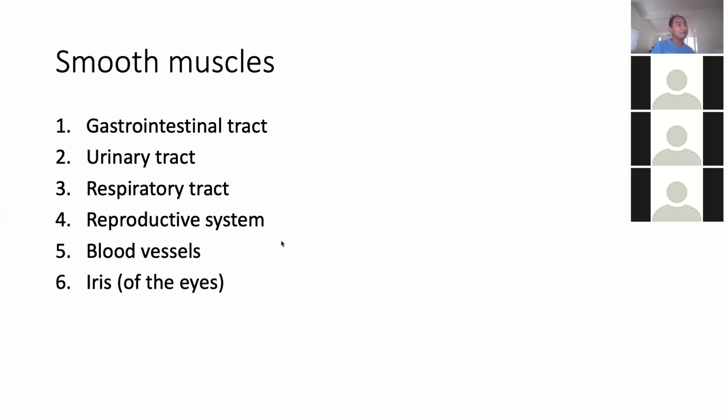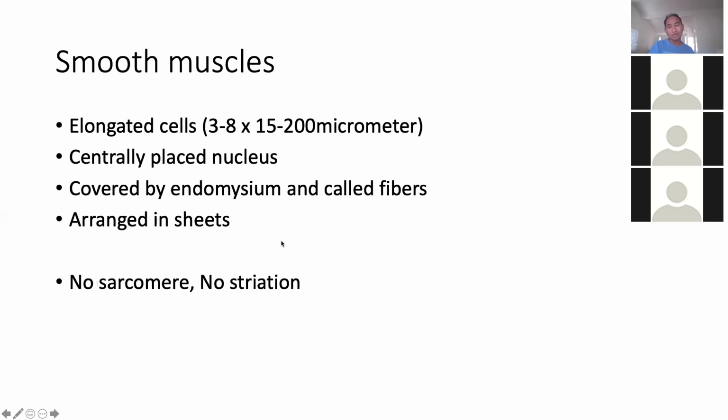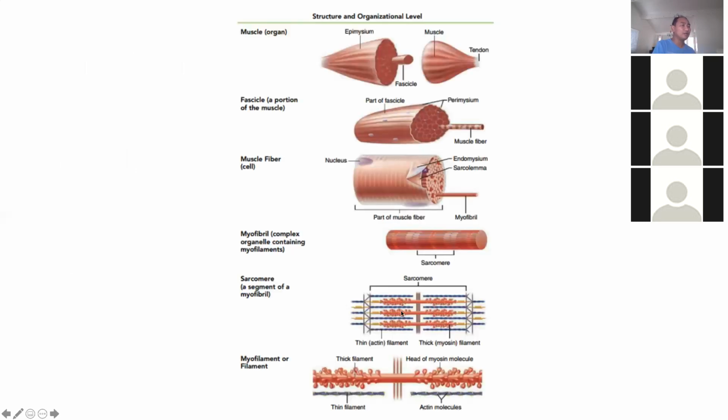And we need to know a little bit more about smooth muscle. Smooth muscles are elongated cells. When we talk about skeletal muscle, look at that, we have a sarcomere. The sarcomere is the basic structural unit for skeletal or striated muscle, and it is very proper, isn't it?